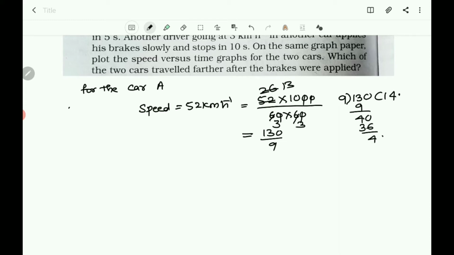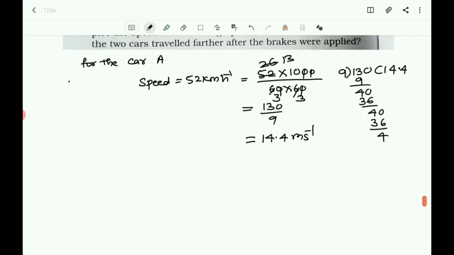So put the point, put the 0. 9 4s are 36, again 4. So here 4 is recurring. You write it as 14.4 ms to the power of minus 1.